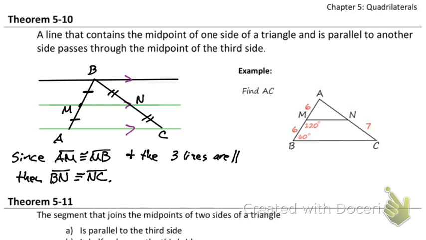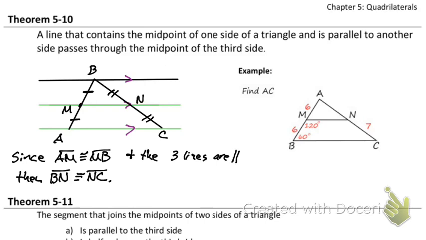That leads us to Theorem 5.10. Theorem 5.10 says a line that contains a midpoint of one side of a triangle and is parallel to another side passes through the midpoint on the third side. So let's break that down. So let's look at this.